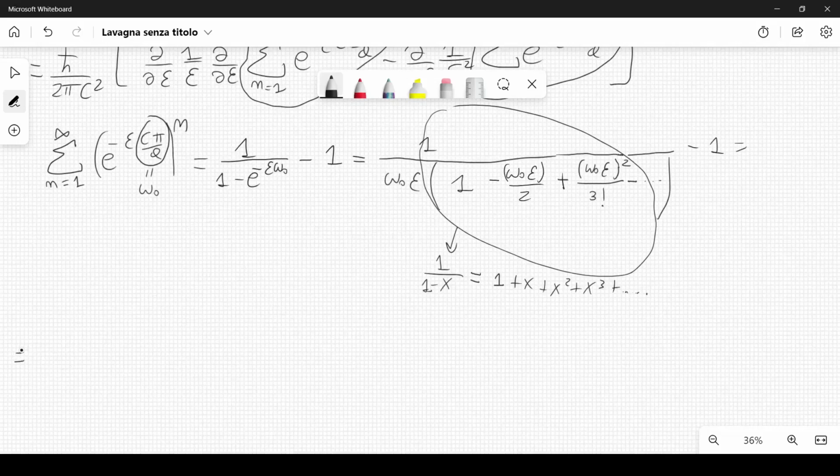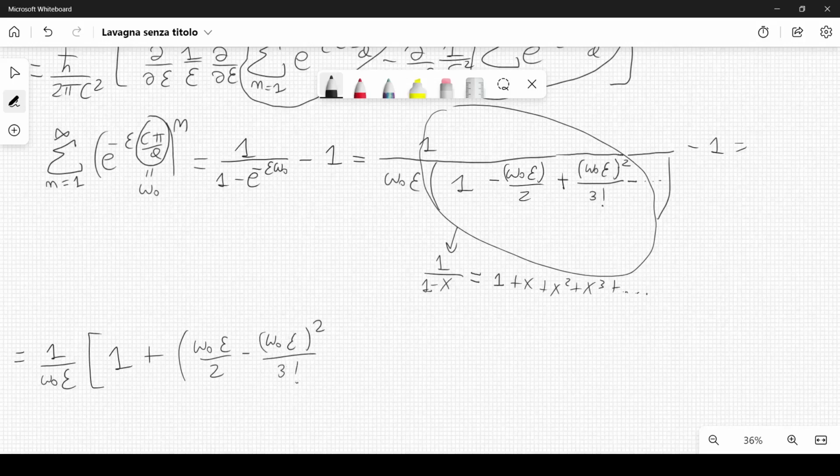So here we have 1 over omega naught epsilon, and then we have 1 plus omega 0 epsilon over 2 minus omega 0 epsilon squared divided by 3 factorial. And then you would have also other terms, possibly. We have to understand where to truncate it. But let me write another term.